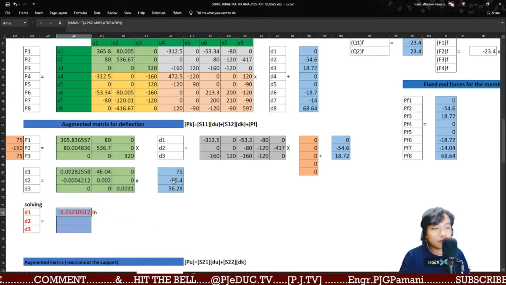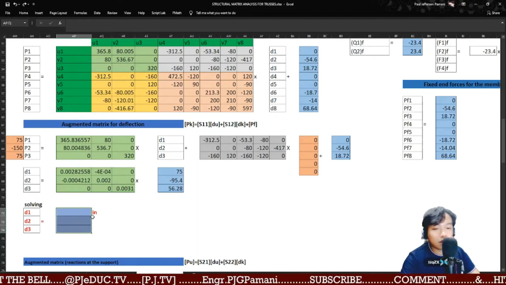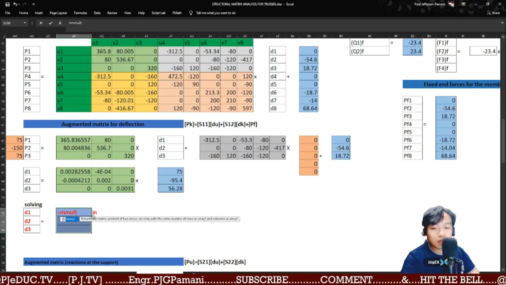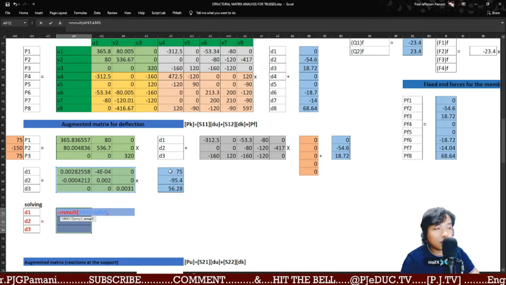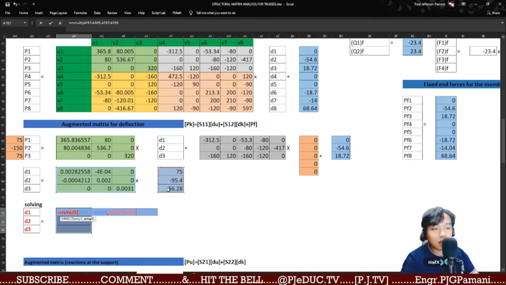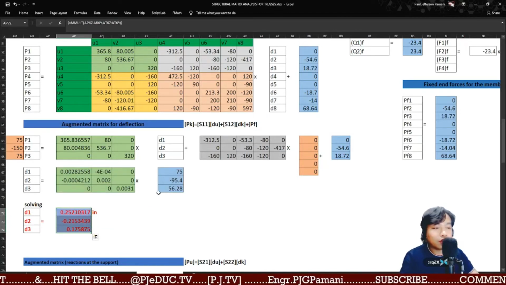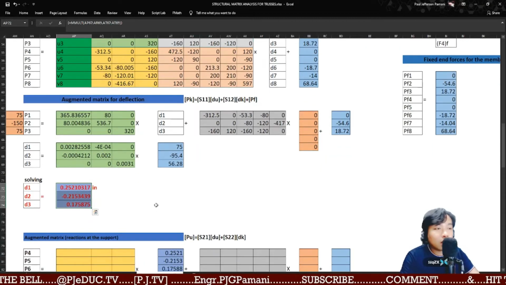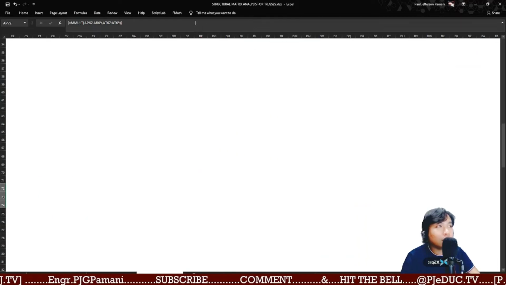Ay. Dapat lahat. Equal to the multiplication of the 3 by 3 matrix with a 3 by 1 matrix. Control Shift Enter. So, yan na ngayon yung ating unknown deflection, which is now in inches.